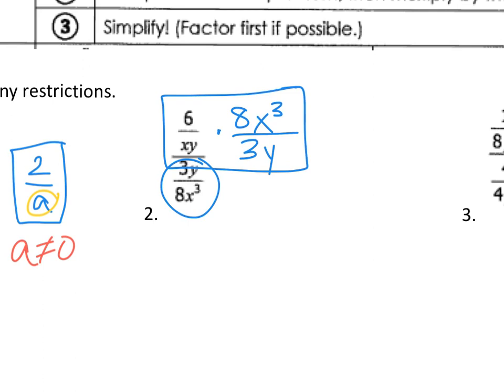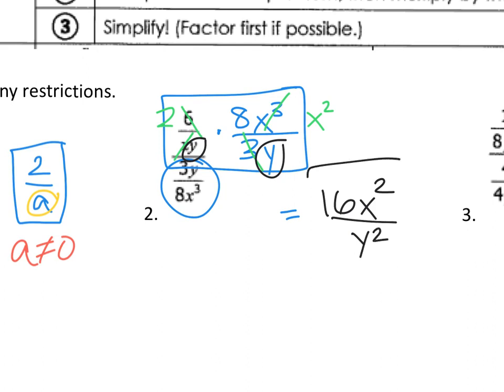So I have 6 divided by 3 is 2. X cubed divided by x is x squared. And then I'll have y squared on the bottom. So my answer will be 2 times 8, x squared. So that's going to be 16x squared in the numerator over y squared.